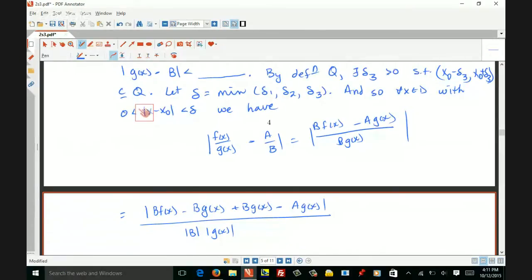What should we do next? Adding zero is the technical term that they use. Yeah, well, it's just adding zero. I just personally call it adding and subtracting.